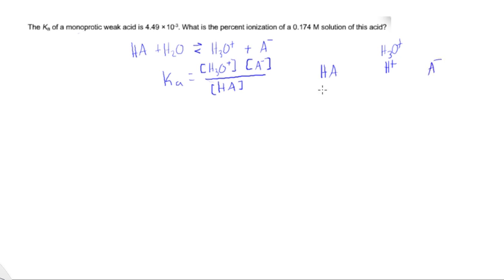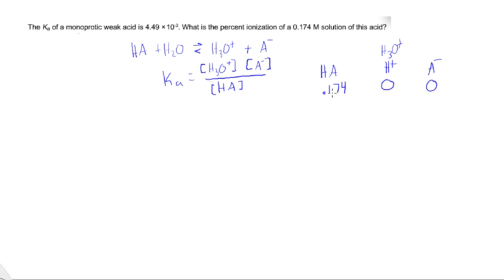Okay, I start with 0.174 concentration of HA. And at the start, I have no hydronium and I have no A minus ion.